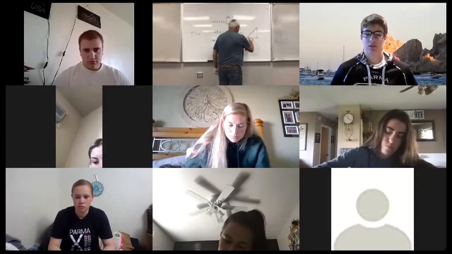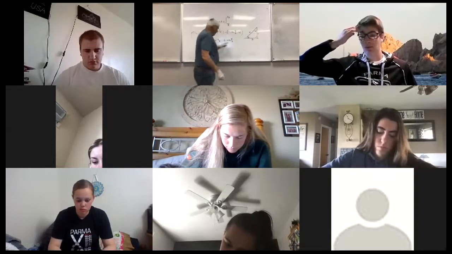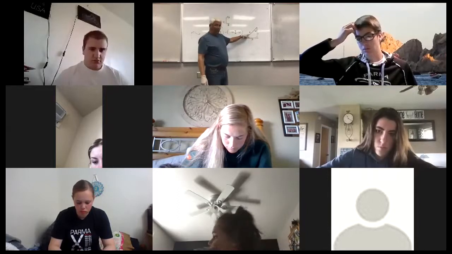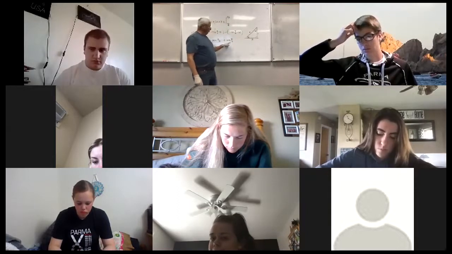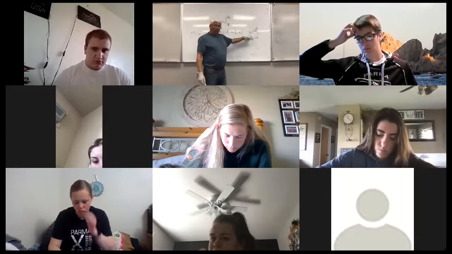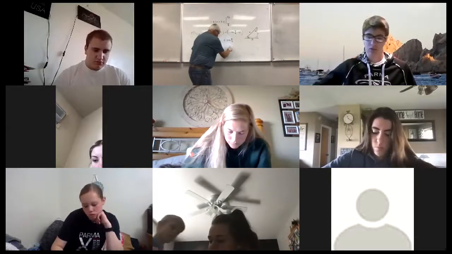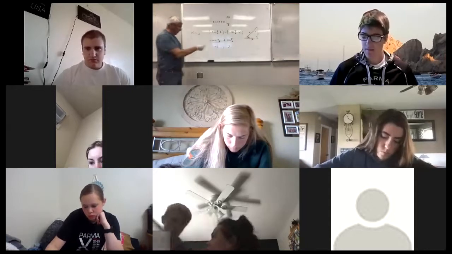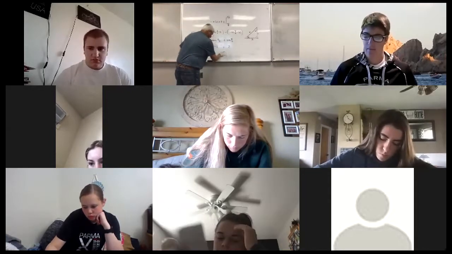Well, if you have a 30, 60, 90, the relationship is 1 to 2 to the square root of 3. So the sine of 30 degrees is 1/2. So the cosecant of 30 degrees would be the reciprocal of 1/2, which is 2. So negative 1 plus 2 is just 1.